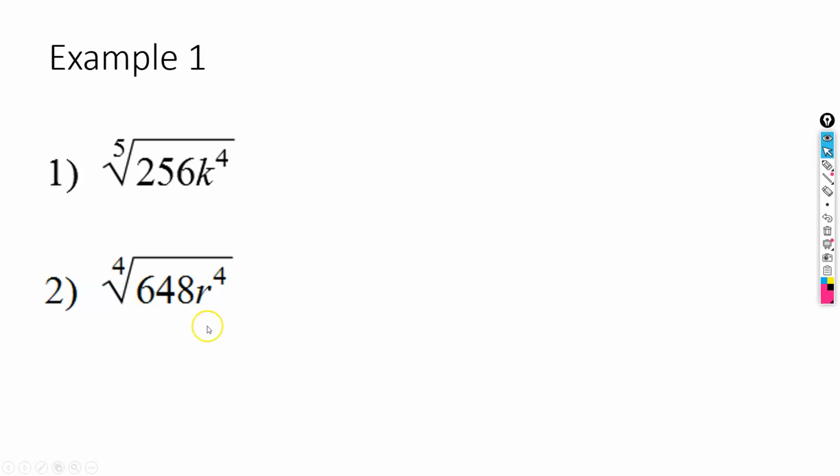So let's go ahead and put this to work for us and actually do the problem. So in this case, notice I have an odd root, and underneath I've got a positive. So I've got an odd root and a positive radicand. When that happens, that means we should expect to have one real and positive answer.